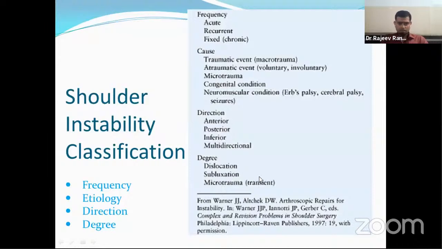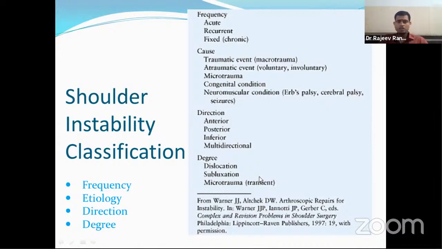So how do we classify shoulder instability? It can be classified on the basis of frequency, etiology, direction, and degree, as suggested by Warner in 1997. On the basis of frequency, it could be acute, recurrent, or chronic. On the basis of etiology, it could be because of macrotrauma, the traumatic one, or the atraumatic one, because of repetitive microtrauma which is seen in athletes, or because of congenital or neuromuscular conditions.